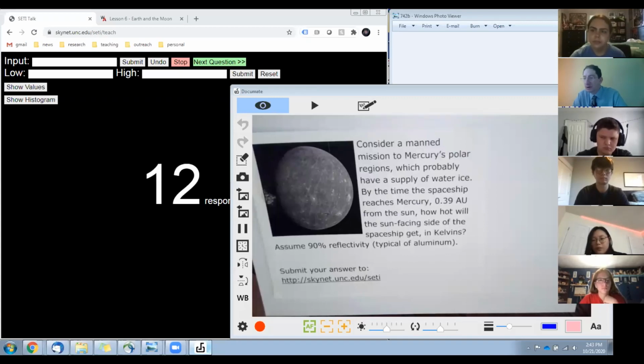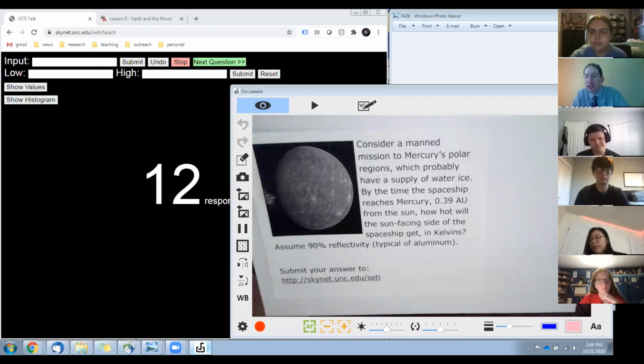Anyway, suppose we're on a mission to go there. By the time the spaceship makes it to Mercury, you're 0.39 astronomical units from the sun. And in the problem we worked out last time, we were just at 1 AU. So now we have this extra factor that you'll have to consider.